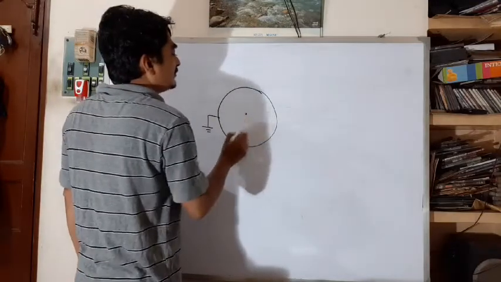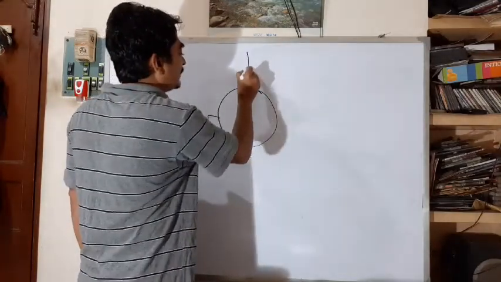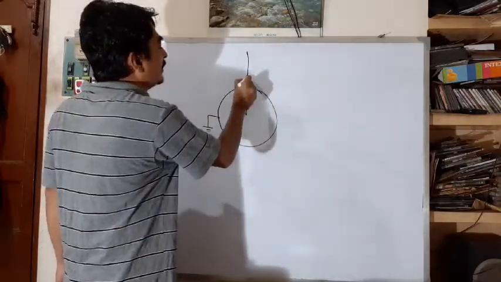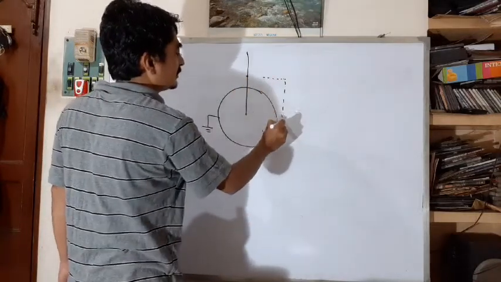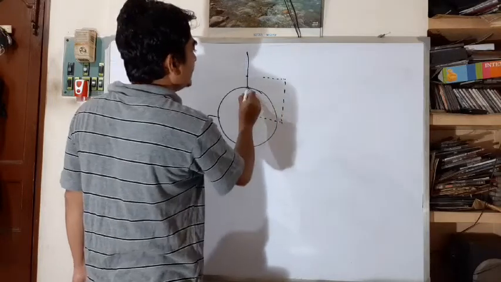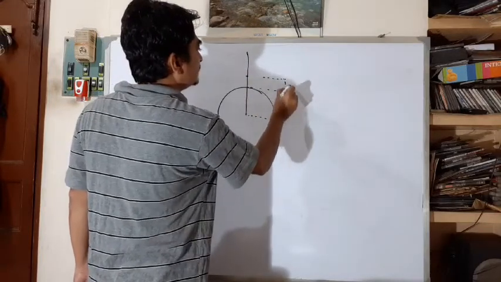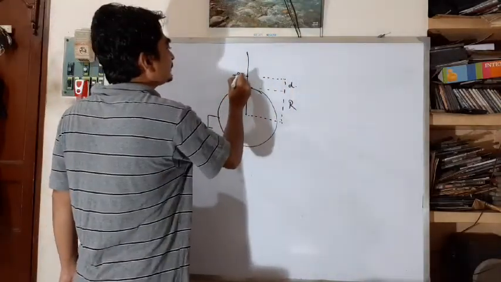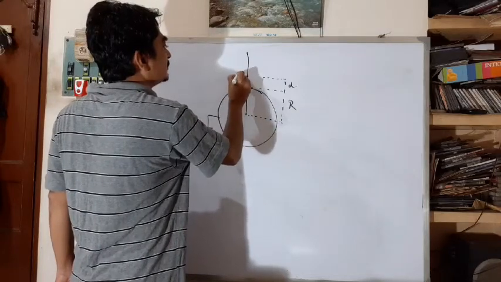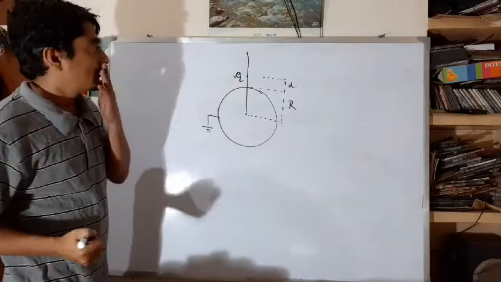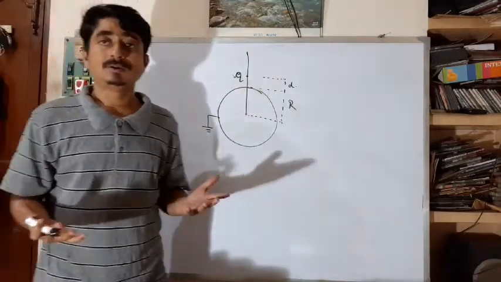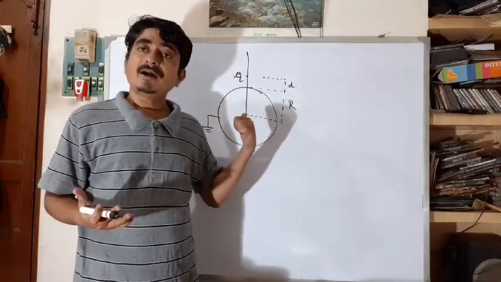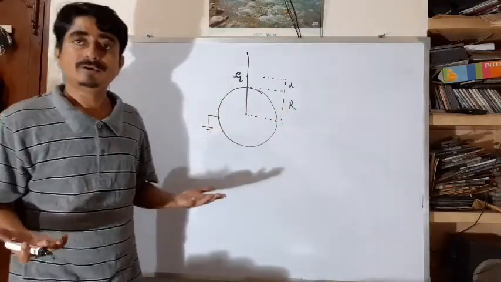This is the origin, this is the radius r, this is the distance d, and a charge plus q is situated at that point. Now what will be the amount of image charge, and in which position do we have to determine.